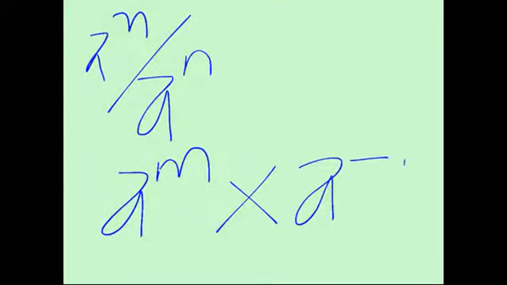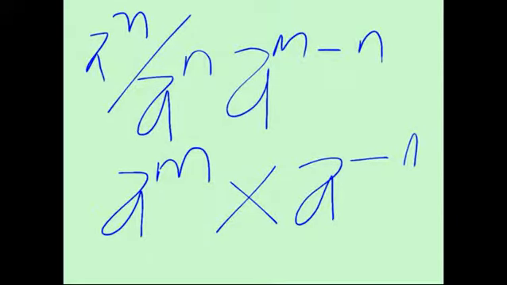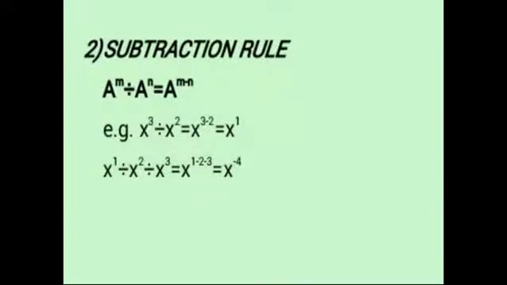That is a raised to the power of m times a raised to the power of minus n. Then if we apply the rule of multiplication, we have a raised to the power of m minus n. So that is the simple thing about the multiplication rule, or rather the subtraction rule.